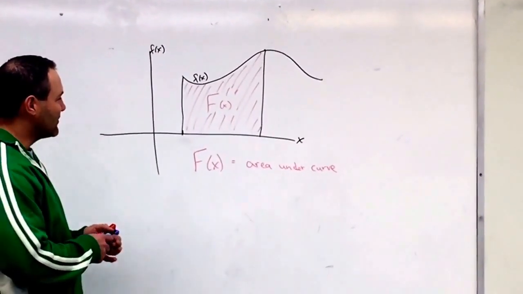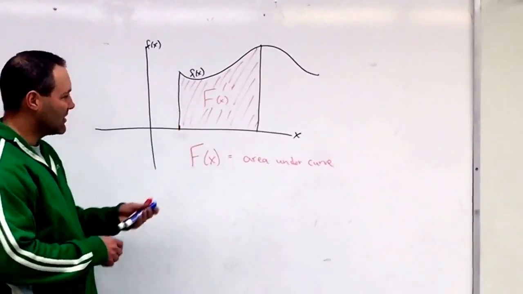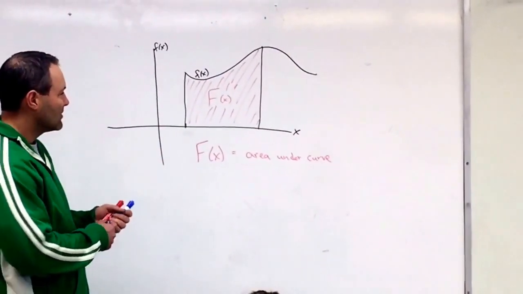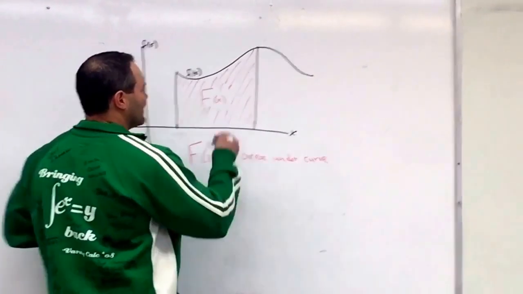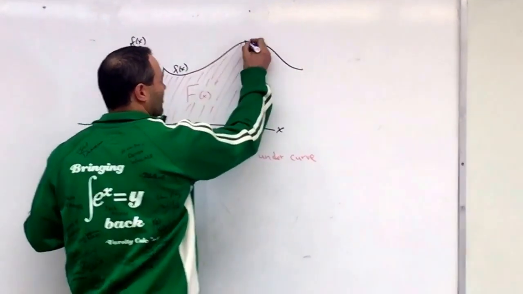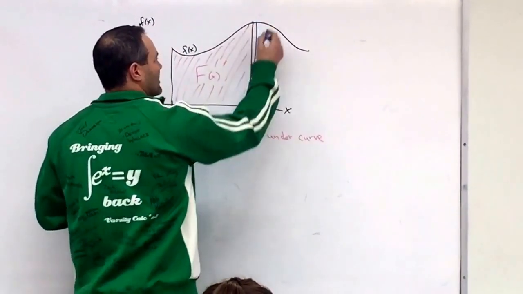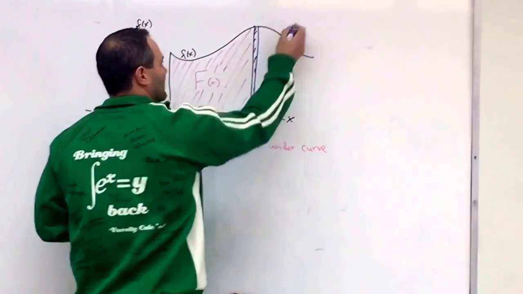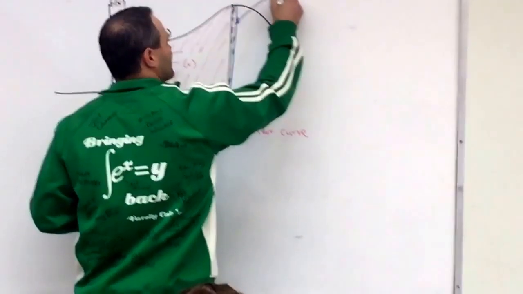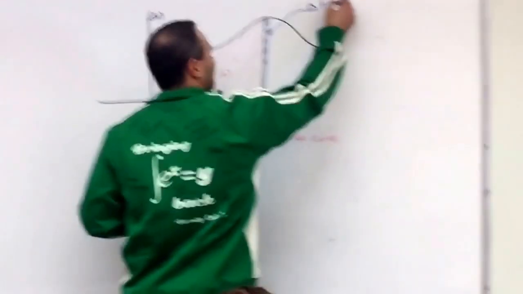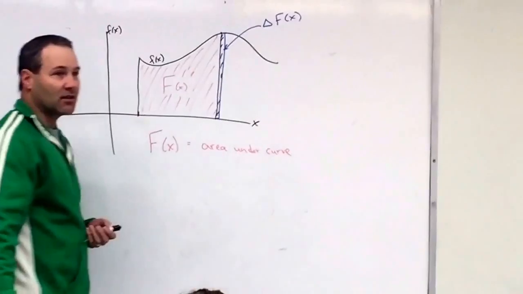Okay, so if I wanted to find the change in capital F of x, we're going to the right, and here would be the little tiny rectangle that represents dx. Well, that's the change in capital F of x, true?